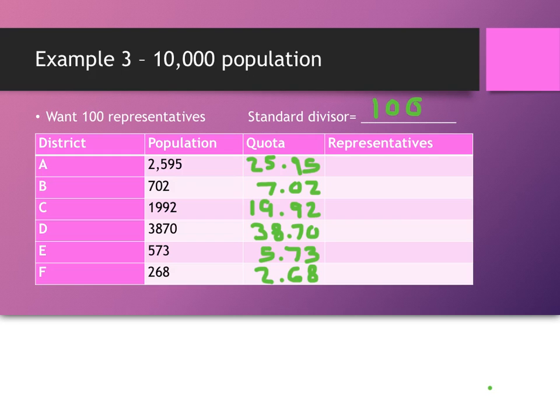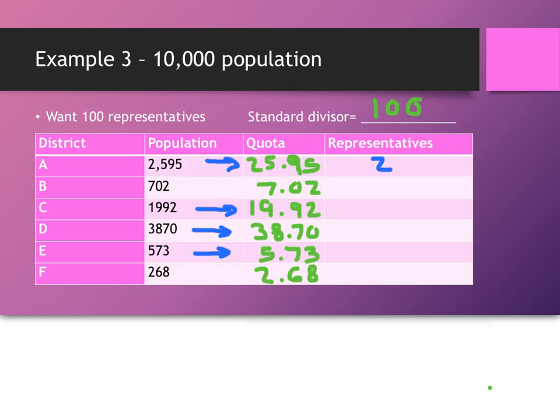All right, so if you gave everybody the lower quota, 25, 7, 19, 38, 5, and 2, you get 96. That means I need to allocate 4 more. In order of biggest decimal, A, C, E, D get the extra representatives.